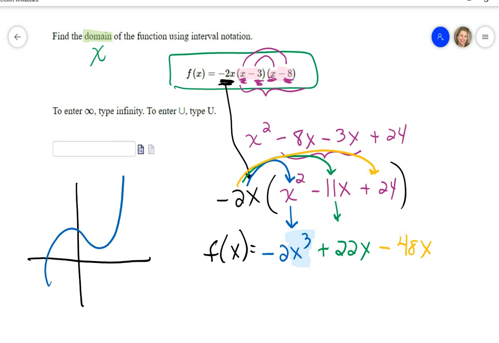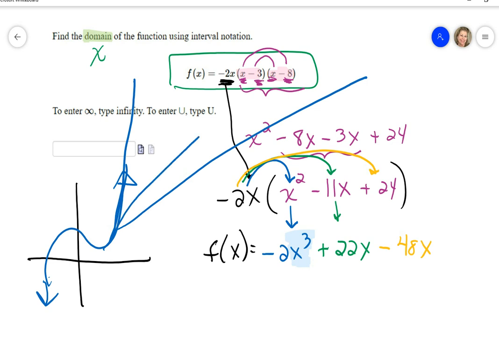Well, cubics stretch out across the entire x-axis. Even though this thing looks like it's going up, as it's going up, it's also going out. So the further I go up, the further to the right I go. The further I go down, the further to the left I go. This thing actually spreads out across the entire x-axis.